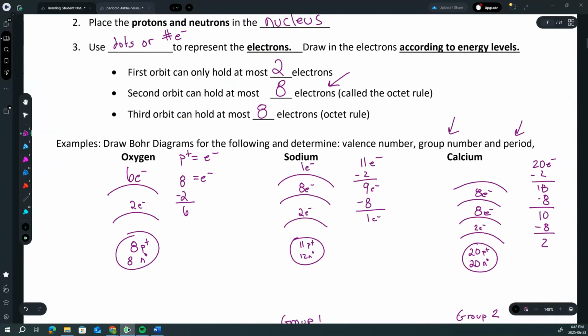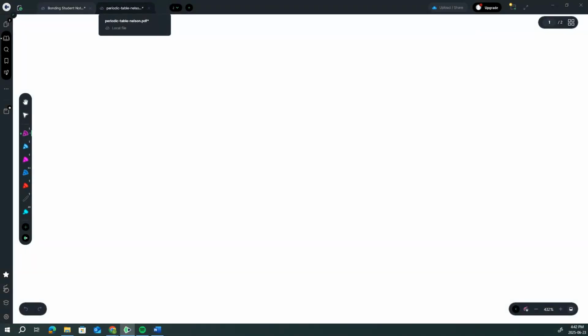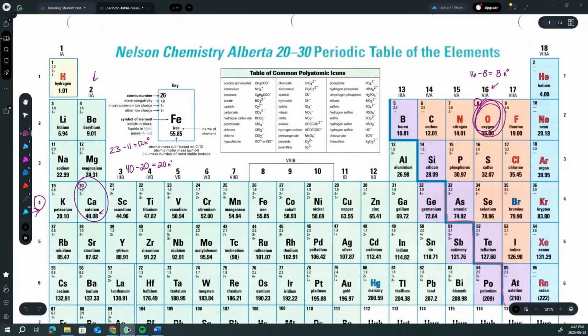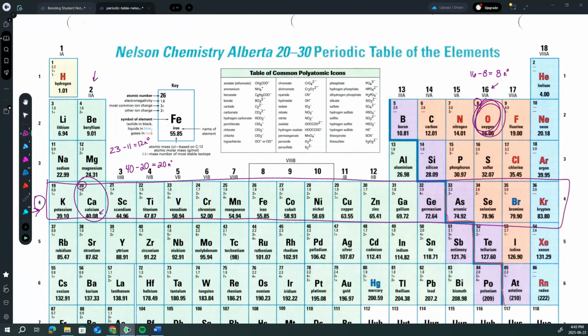Now, what we've covered here only talks about the maximum amount of electrons that the first 3 orbits can hold. But since how many electrons each orbit can hold is correlated to how many elements are in each row, if you look at the 4th row, or the 4th period, and you count it, so this row right here, you're going to count 18 electrons.